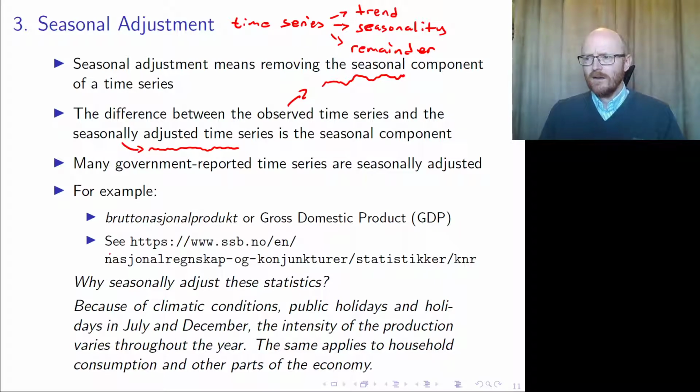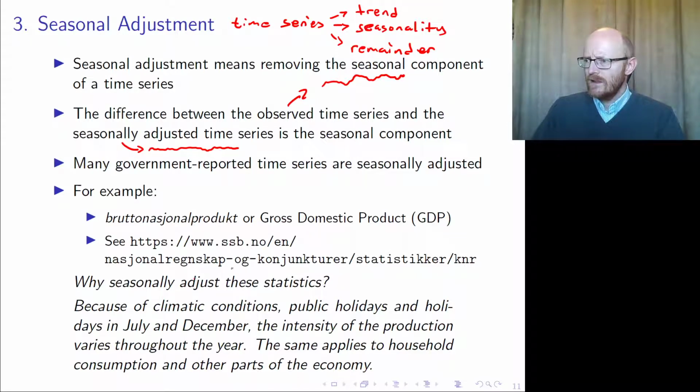And a lot of time series are seasonally adjusted already when you get them. For example, if you look at gross domestic product, the value of what's produced in a country, then you can often see a quite strong seasonality, because GDP is increasing if people are buying lots of stuff, and it's decreasing if people are starting to save.